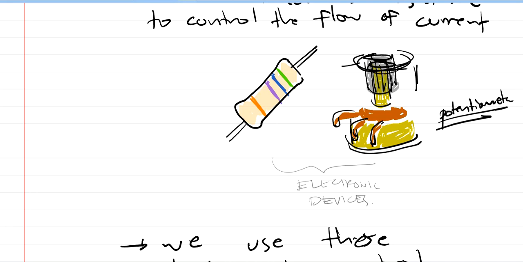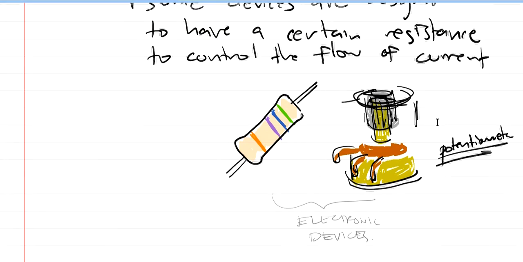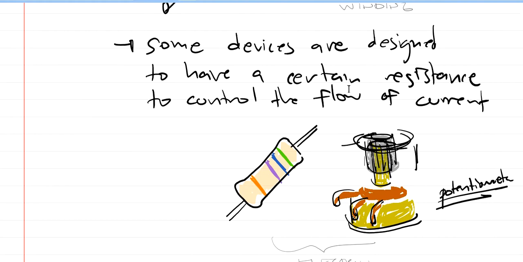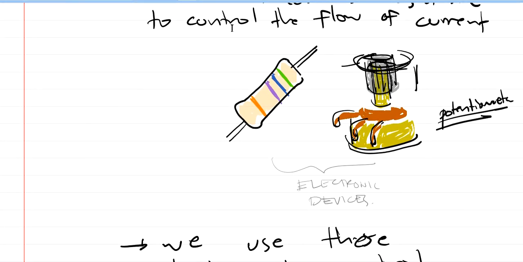So it's a knob, so you can actually vary the amount of resistance. Right, so these devices are actually designed to have a certain resistance. It's easier to control the flow of current, because sometimes we don't want that much current to enter a circuit, for example.